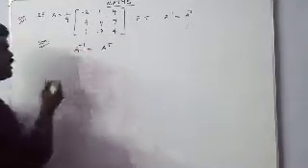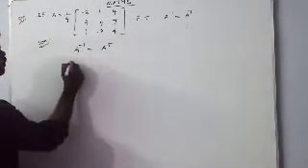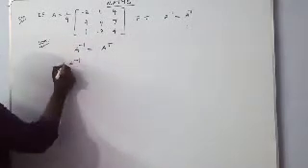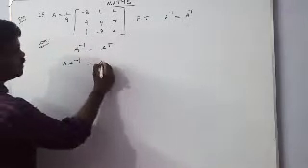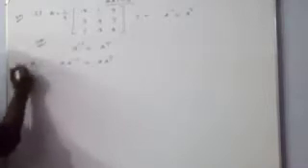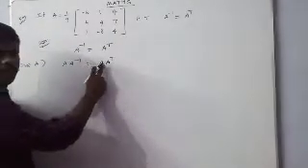For the A inverse matrix, we have to multiply: A inverse into A equals A into A transpose. Pre-multiply A on both sides, so multiply A here and here.